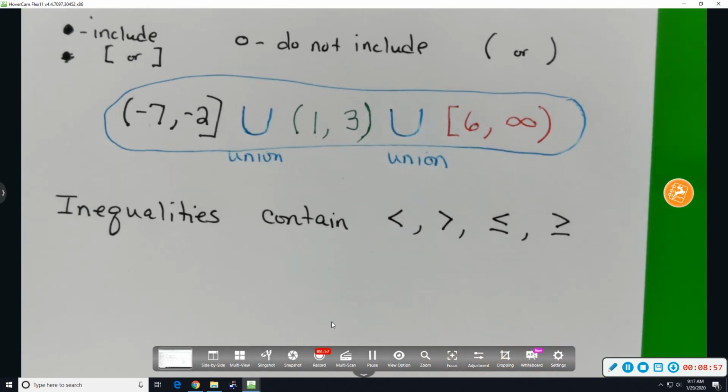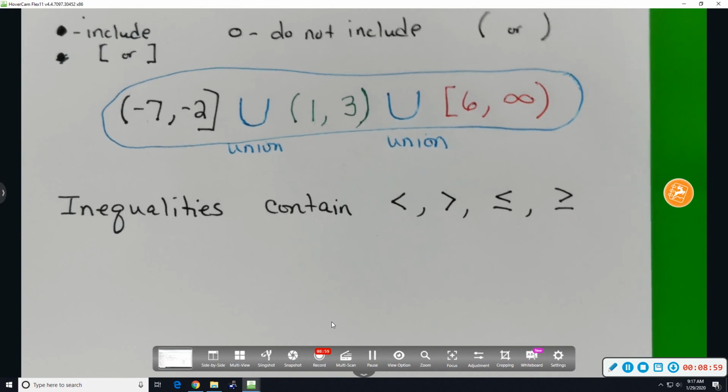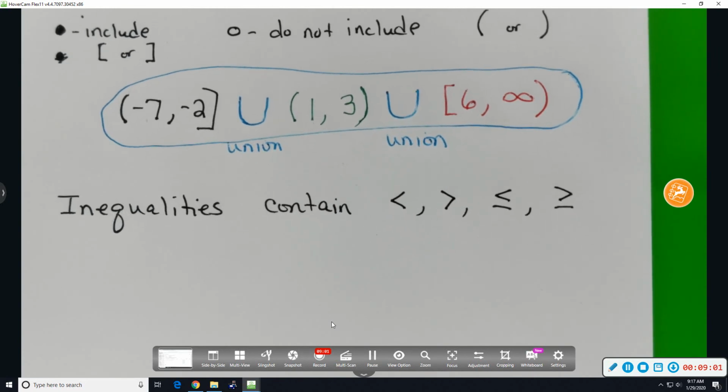But in the original statement of the problem, if you see a less than or a greater than, then you're going to wind up somewhere along the way.